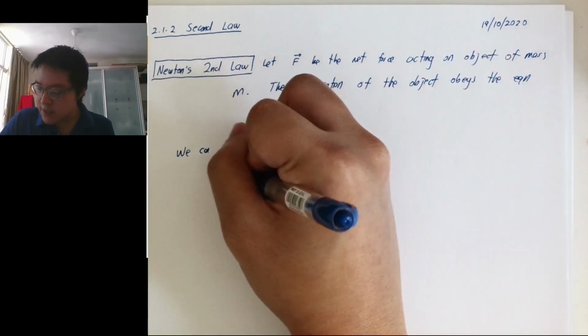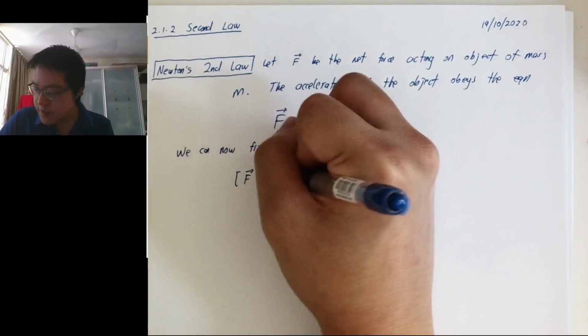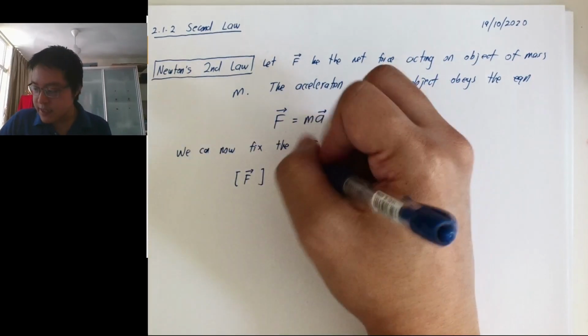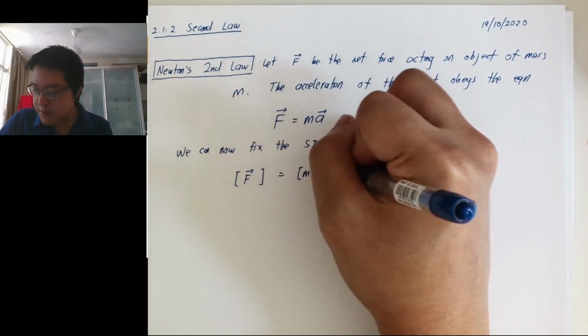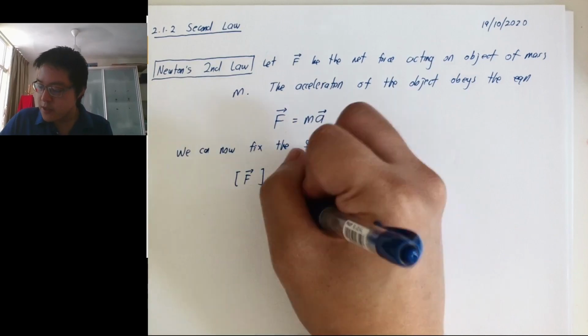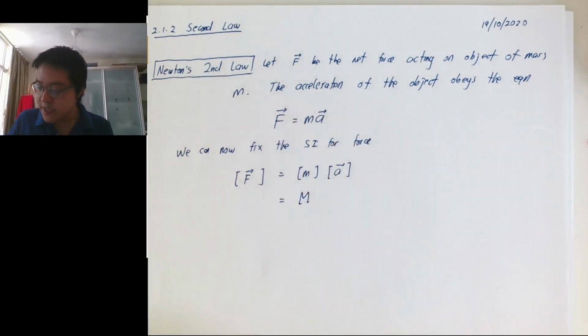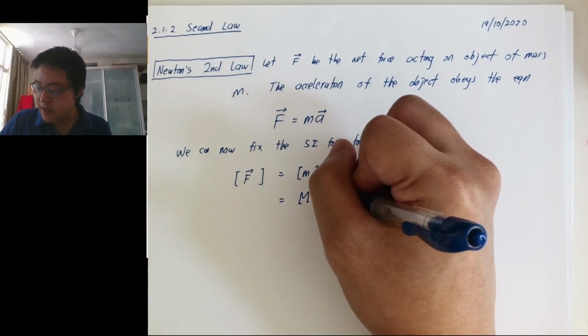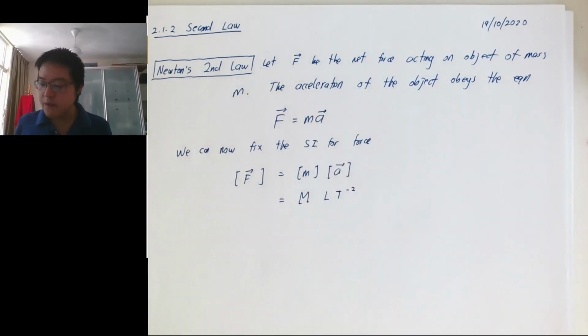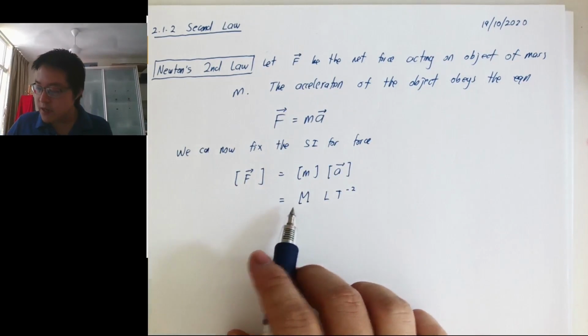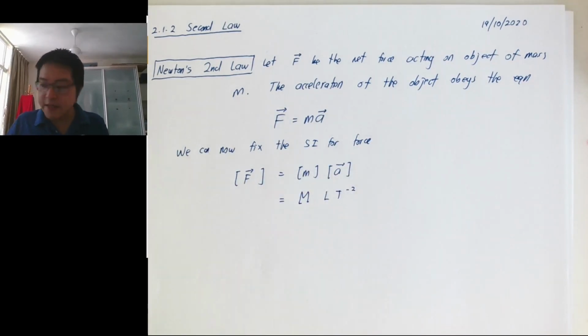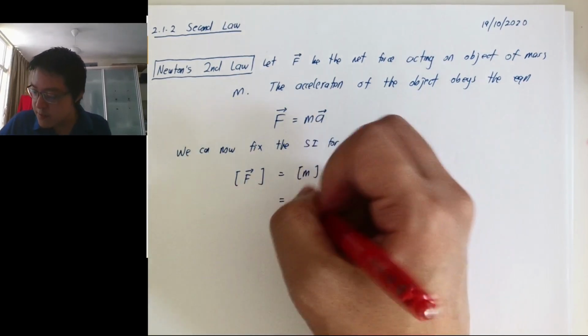In other words, the dimension of force is equal to the dimension of mass times the dimension of acceleration. The dimension of mass is just mass, kg, and acceleration is L T to the minus 2, meters per second squared. So we can insert the units here.